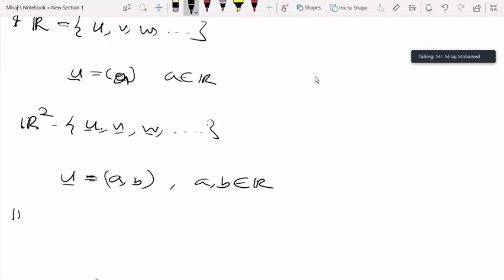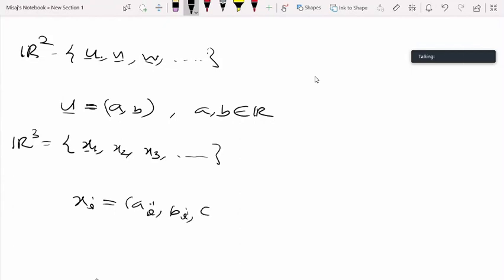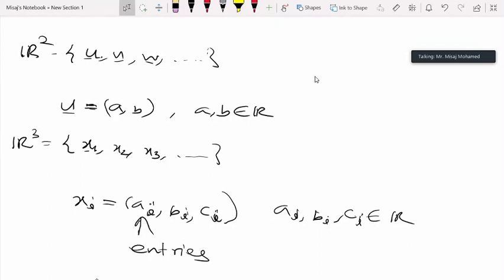Similarly for R3, x1, x2, x3, etc. Say the i-th vector: ai, bi, ci, where ai, bi, ci are real components. These are called entries.